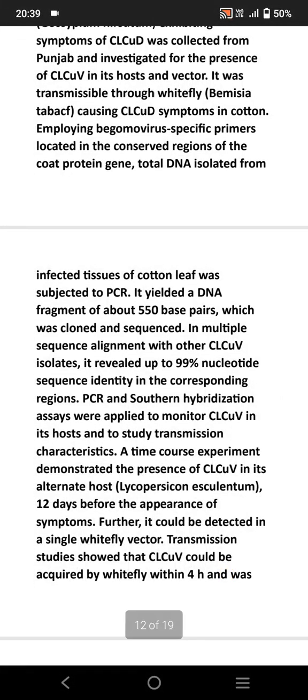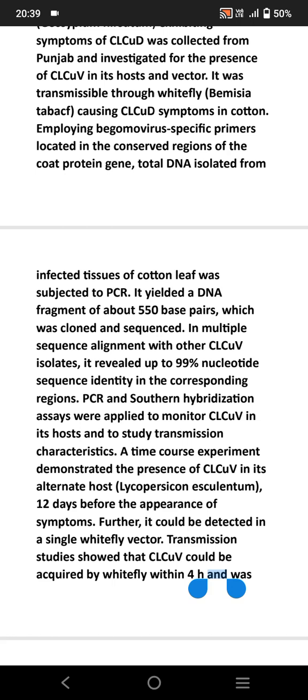PCR and Southern hybridization assays were applied to monitor cotton leaf curl virus in its host and to study transmission characteristics. A time course experiment demonstrated the presence of cotton leaf curl virus in its alternate host 12 days before the appearance of symptoms.